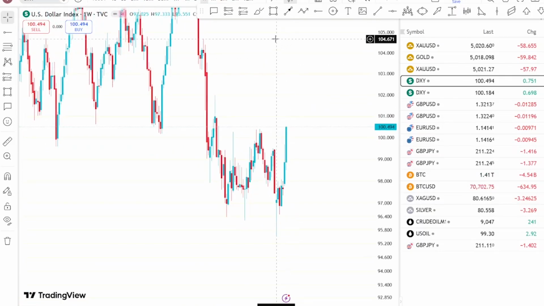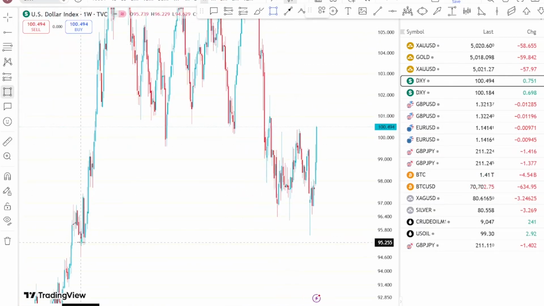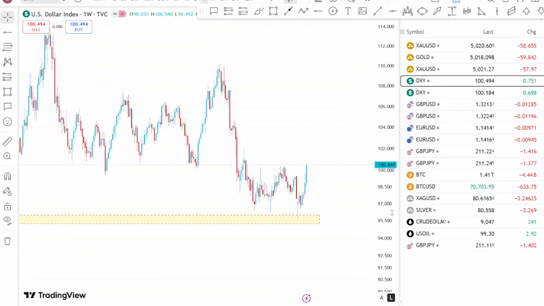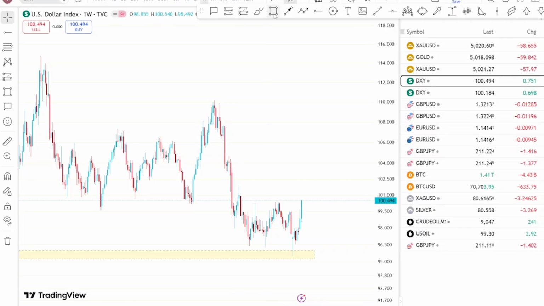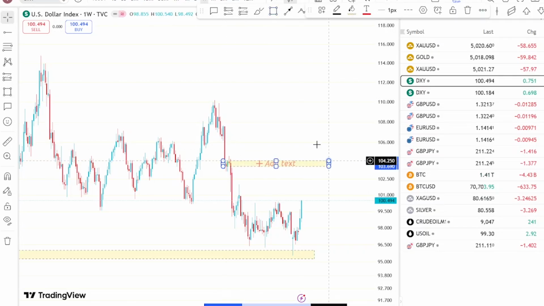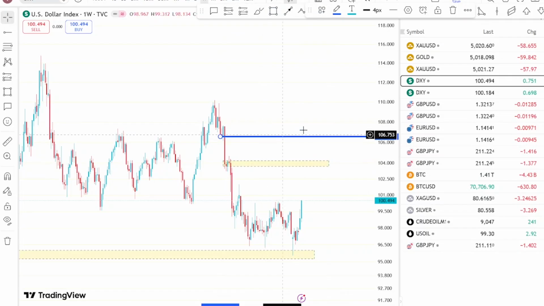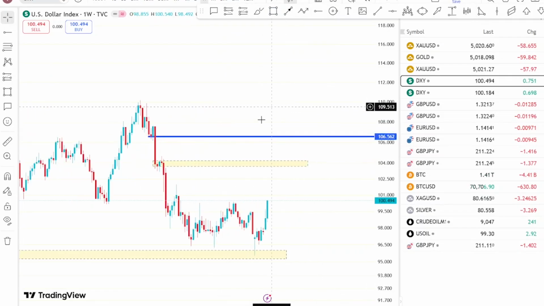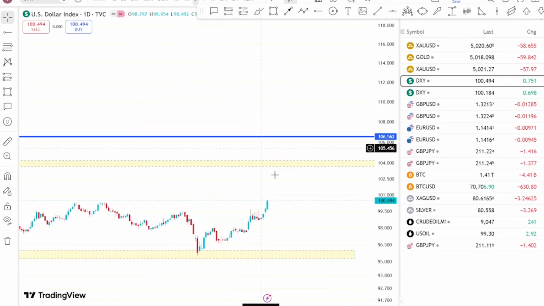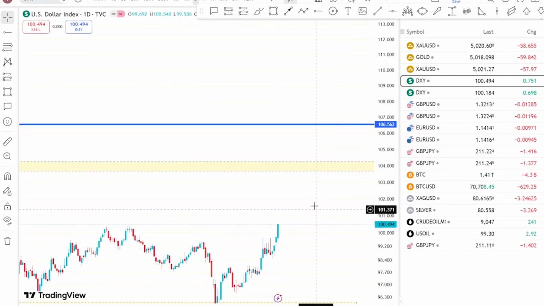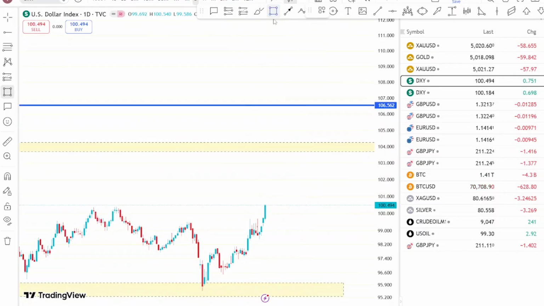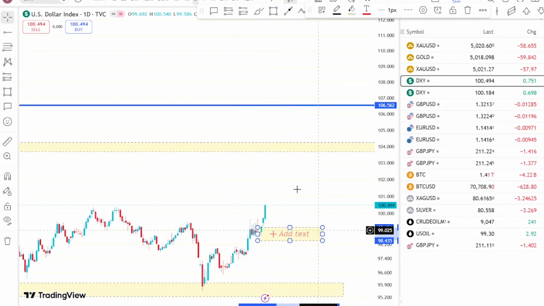Remember, we moved from this area, this one, expecting the market to go back to the upside, and the first target was from this area, and the second target is going to be from this area. So now we are looking for taking buys only from the daily time frame. From here, the previous low that we have, we can make a reaction from our retracement, our pullback. So this is an area to focus on.